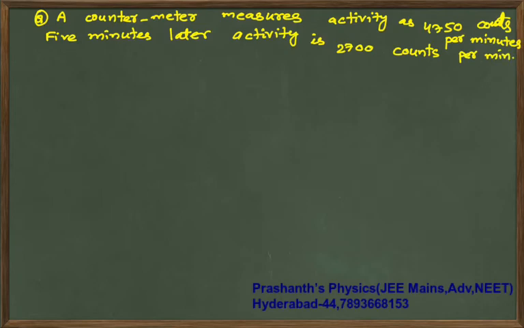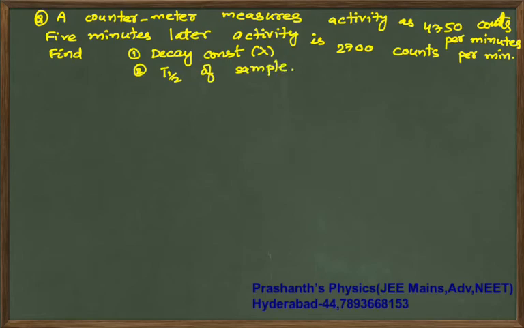Find first the decay constant lambda, and second the t half of the sample. Okay, so come on, try this.